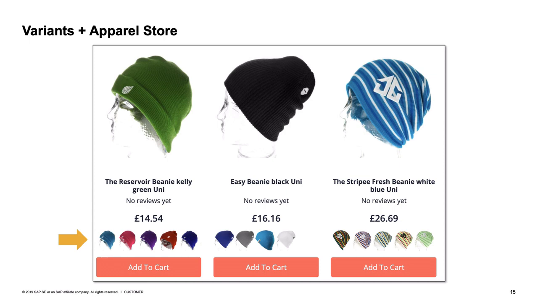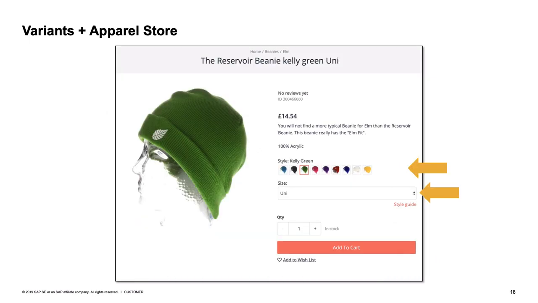For example, if you were to display the apparel store, you'd see that if an item has multiple variants, for example, a hat that has different colors or different sizes, you would see these show up in search or category listings. And when you're on a product page, you'll be able to choose the color and size that you want to add to cart. It goes to a different URL as soon as you choose something.